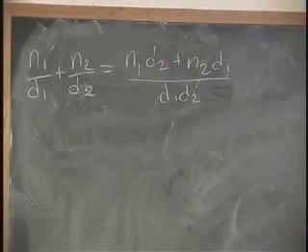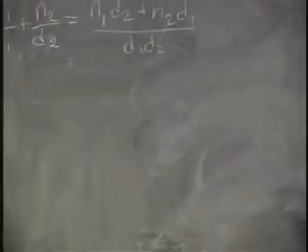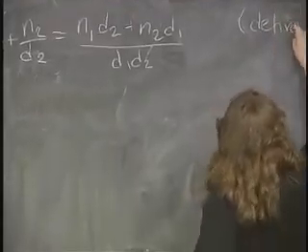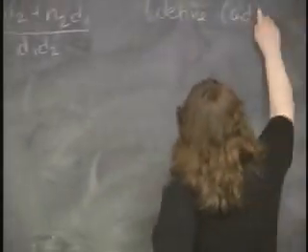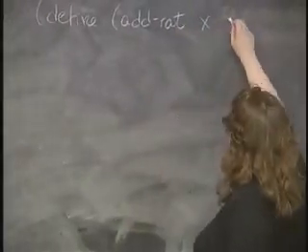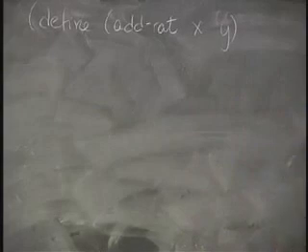So let's write the code. And by the way, the code that I'm putting up on the board today for rational numbers is in your book, in section 2.1. So we're going to define a procedure, add-rat, on x and y, again assuming that x and y are rational numbers.